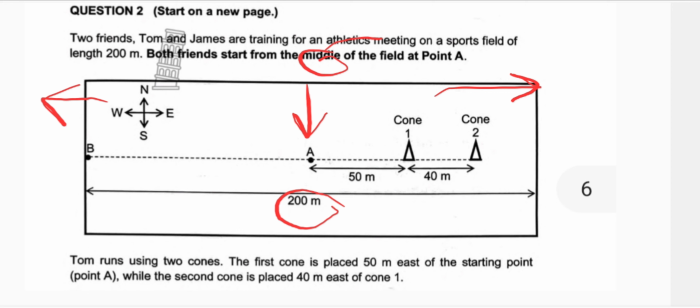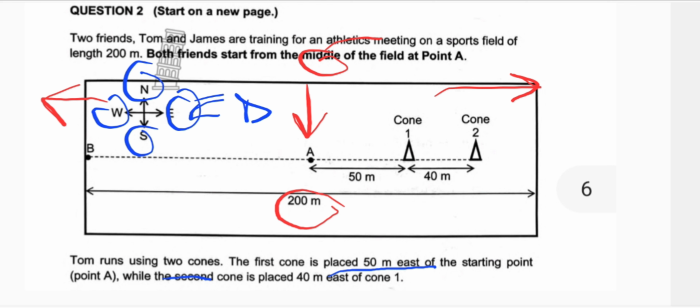So let us learn a little bit about Tom. Tom is the one who wants us to do some bit of physics here. Right now. Now, Tom runs using two cones. The first cone is placed 50 meters east. Remember, never ever smoke weed. So I like the fact that they've also given it to you there.